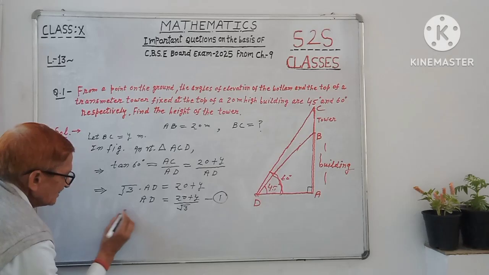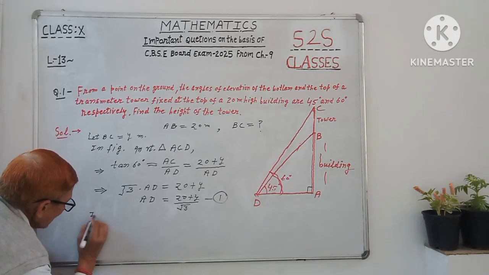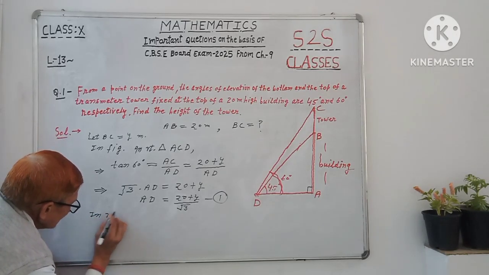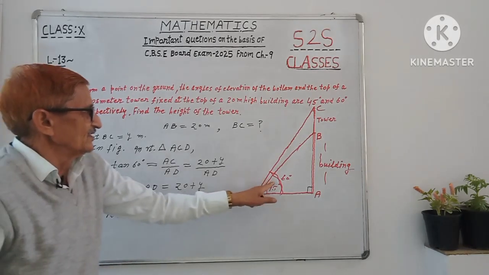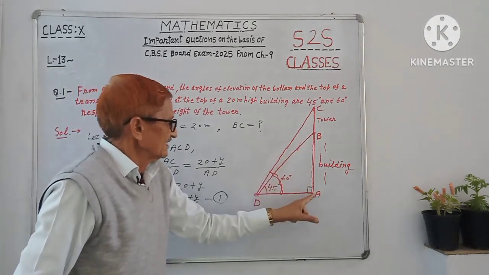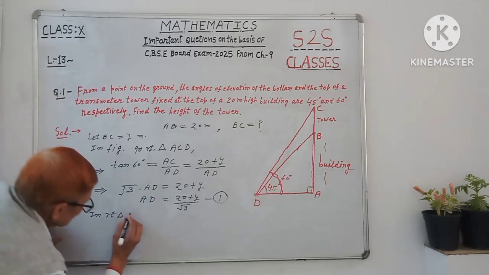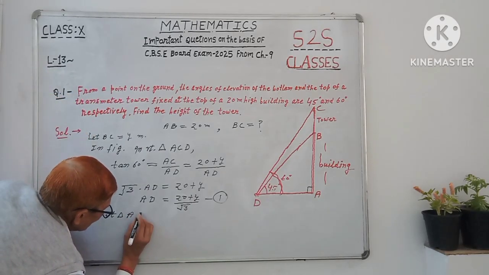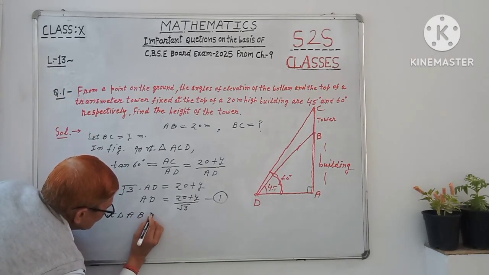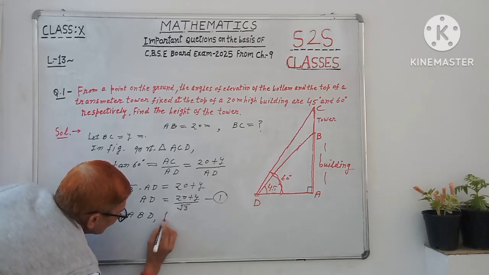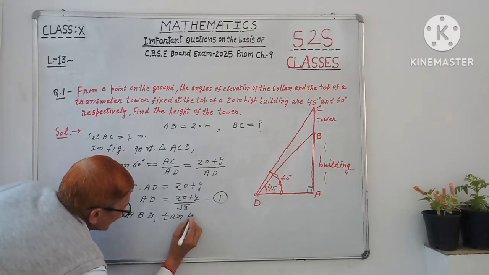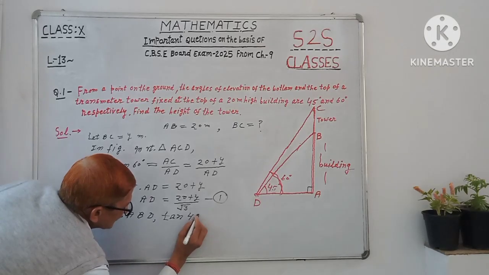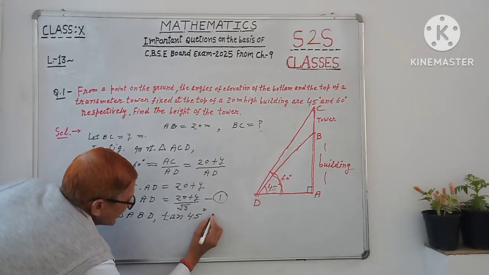Use this in right triangle with 45 degree angle, triangle ABD. In this right triangle, tan 45 degree. At point B, angle is 45 degree.